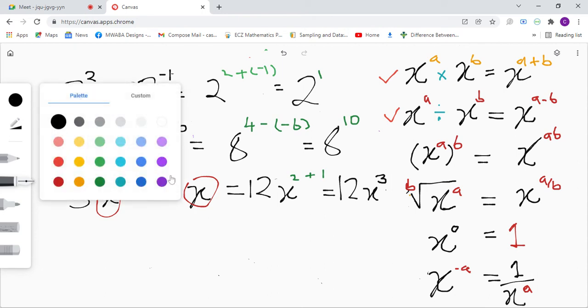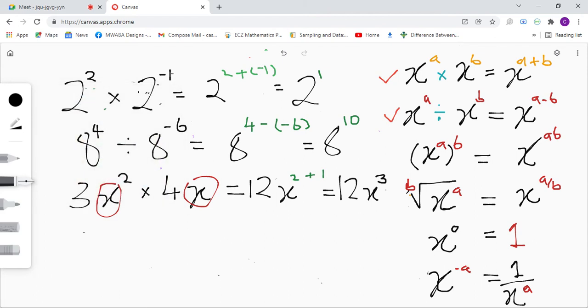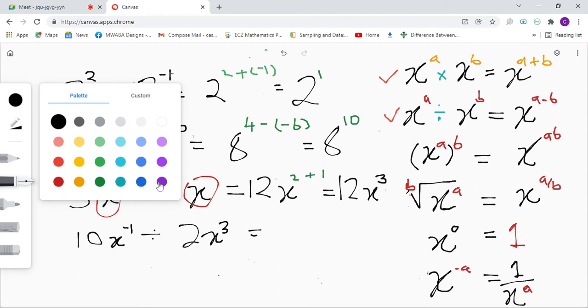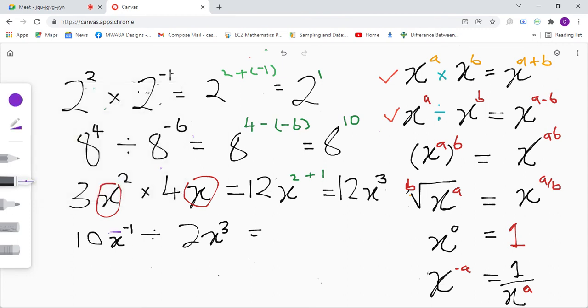Then another one on division. Let's say we have 10x to the power negative 1 divided by 2x to the power 3. Again, we've got similar bases here, which is x here and x there.